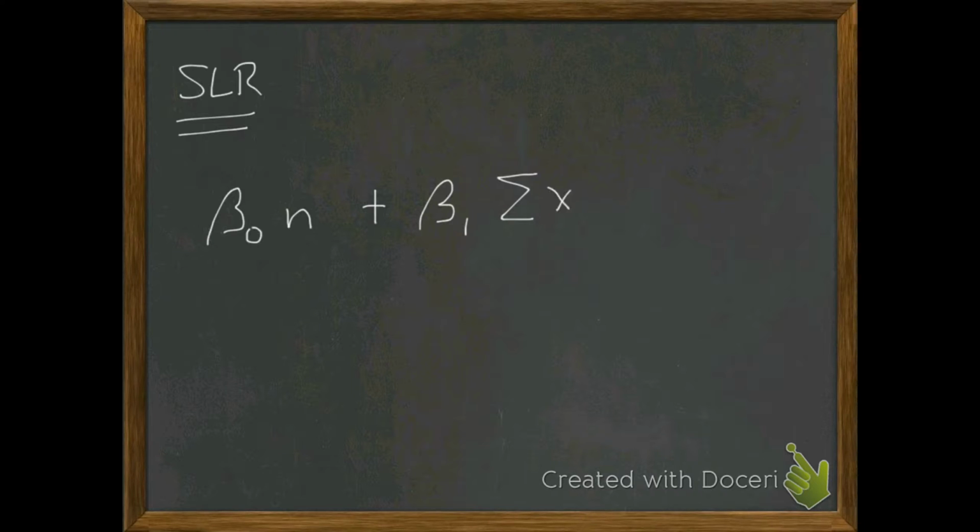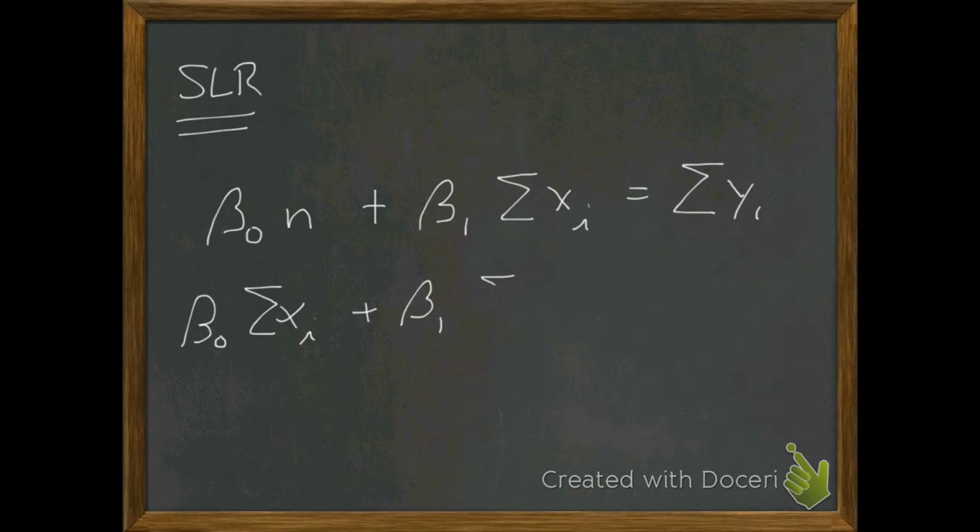So, just like before, when we have a simple linear regression, I hope you know that we would have beta 0 n plus beta 1 sum of the xi's equals the sum of the yi's, and we would have beta 0 sum of the xi's plus beta 1 sum of xi squared equals the sum of xi yi.